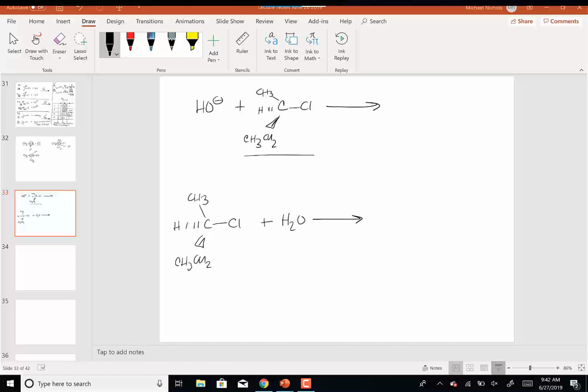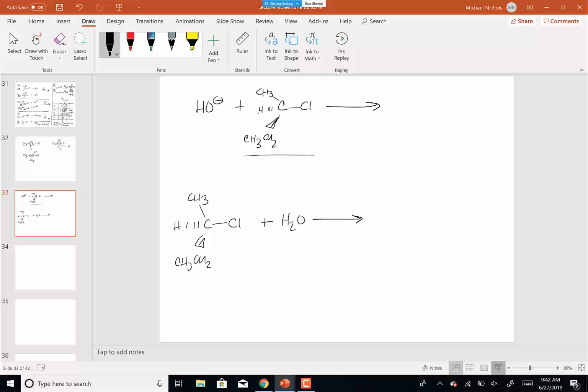It's the reaction of a tertiary alkyl halide with a neutral nucleophile, so you should have 3 steps, which is something we have to remember when we're writing it. So it needs to have 3 steps, not 2.